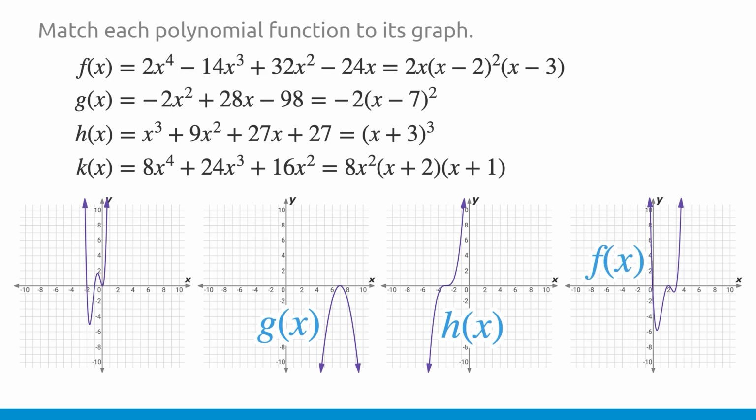That means f of x must be the last graph. Now let's set k of x equal to 0. This function also has 3 real zeros. X equals -2, x equals -1, and x equals 0. 2 are negative, and 1 is at the origin. That means k of x must be the first graph.